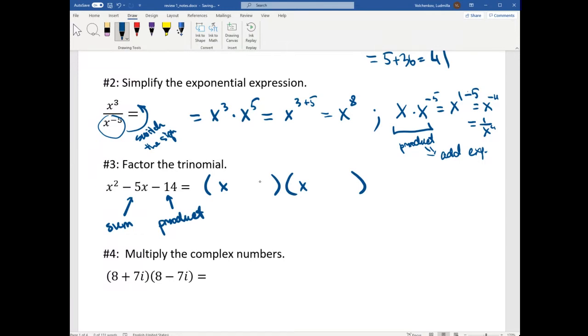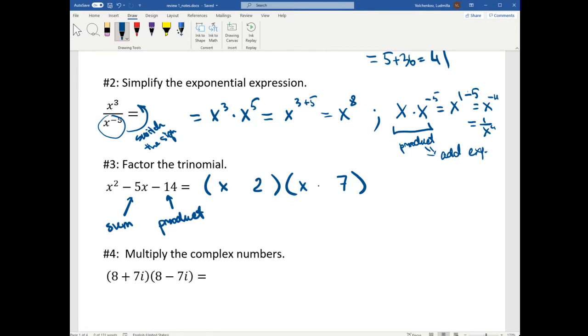So the product must be negative 14. It can be 1 and 14, but we will first try 2 and 7. They must have different signs because we must get negative 14. So either negative 2 and 7 or negative 7 and positive 2. Okay, the sum must be negative 5.